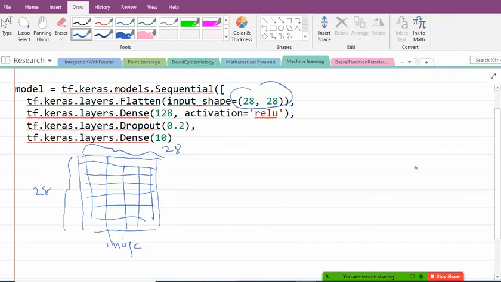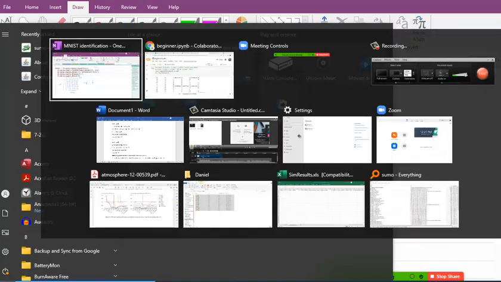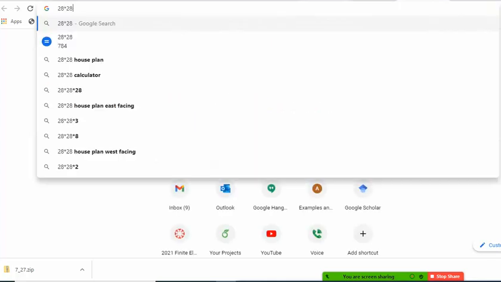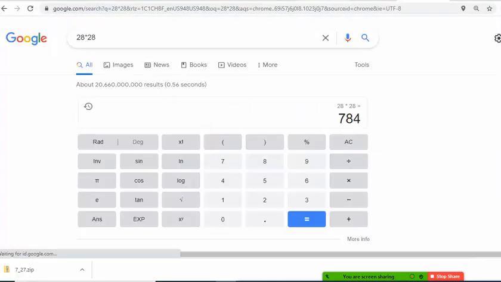Now flatten means that you take all of these 28 by 28. What is 28 times 28? If I take 28 by 28, that's 784.